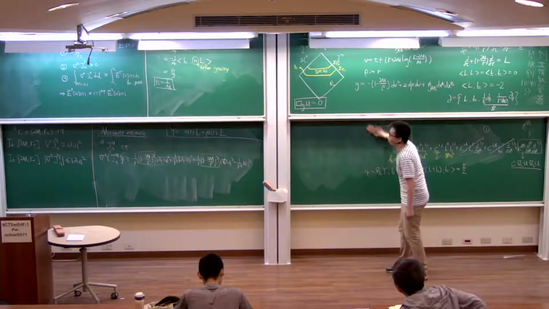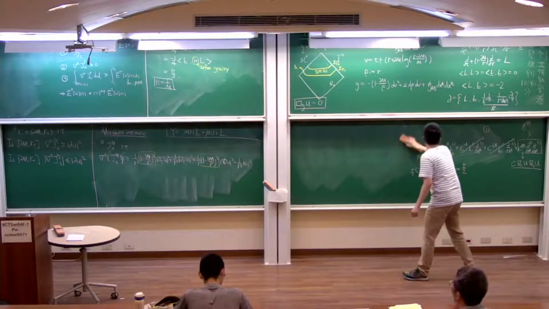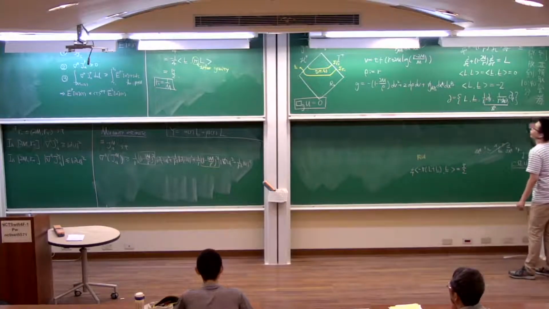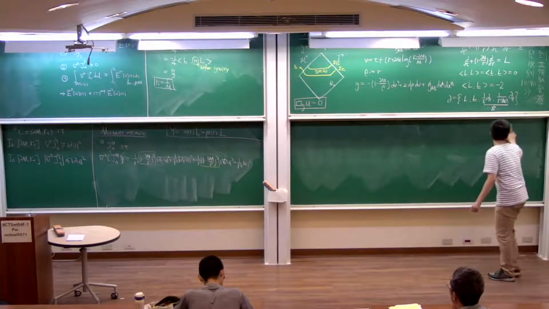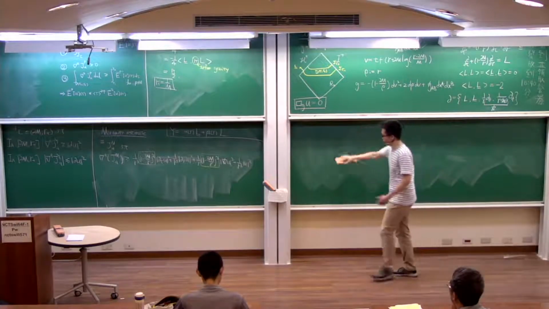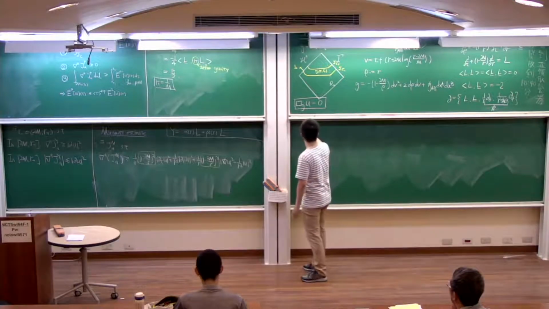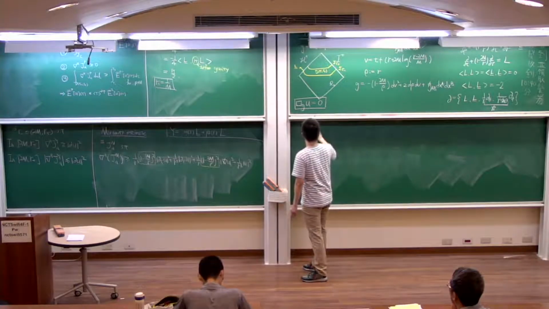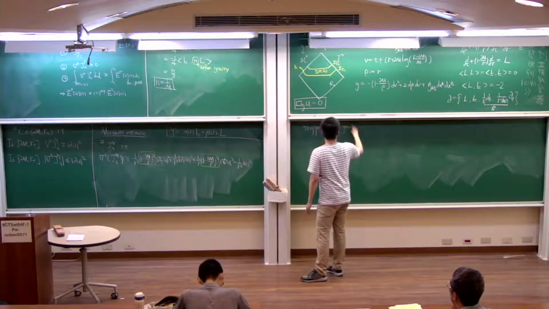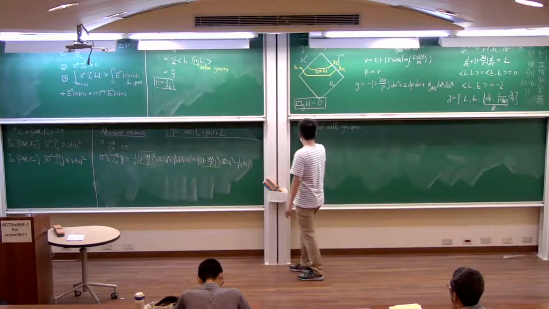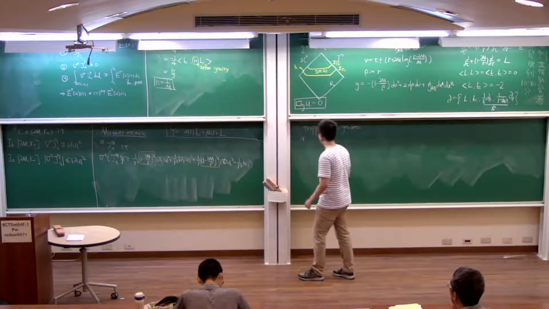The reason is there exists a trapped null geodesic in the Schwarzschild spacetime. One can actually write it down explicitly.